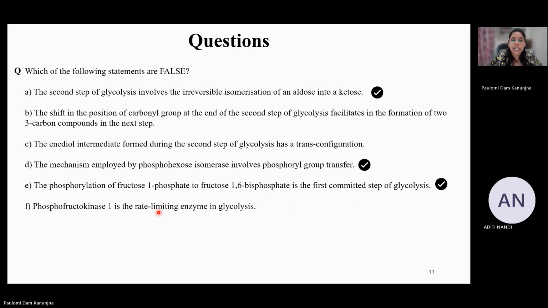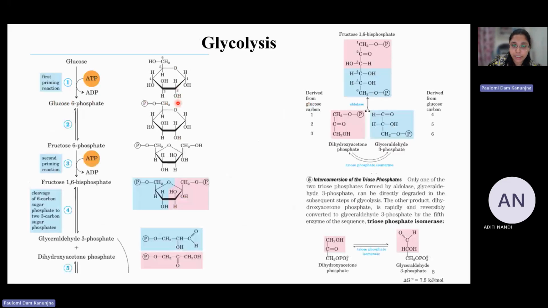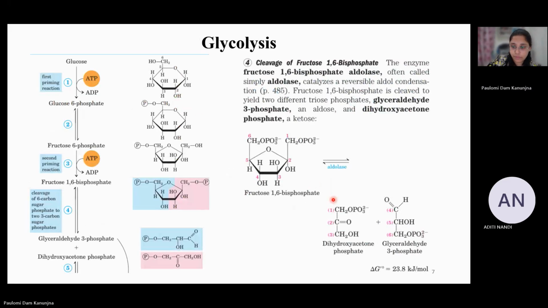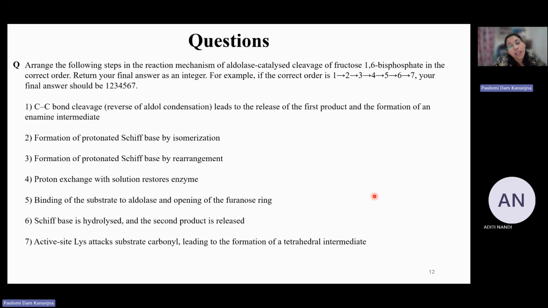Okay. Right. Now, this is basically the cleavage of fructose 1,6 bisphosphate. So this step here, right? What I skipped while discussing was this question. This question is a good way to interpret or look into that step.